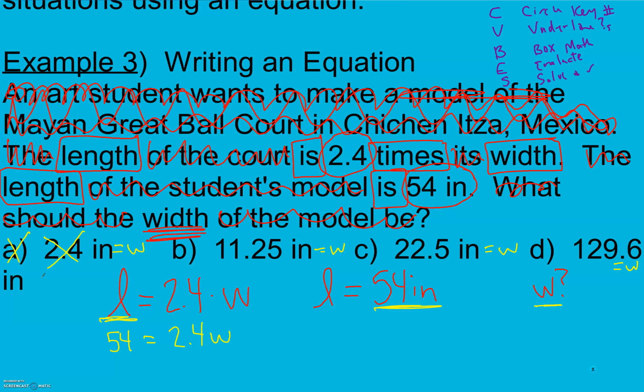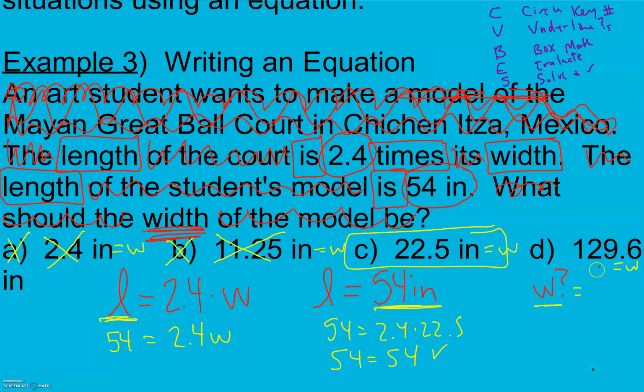When I plug in 11.25 times 2.4, I do not get 54, so that one doesn't work. When I plug in 22.5, I finally get 54 equal to 54.